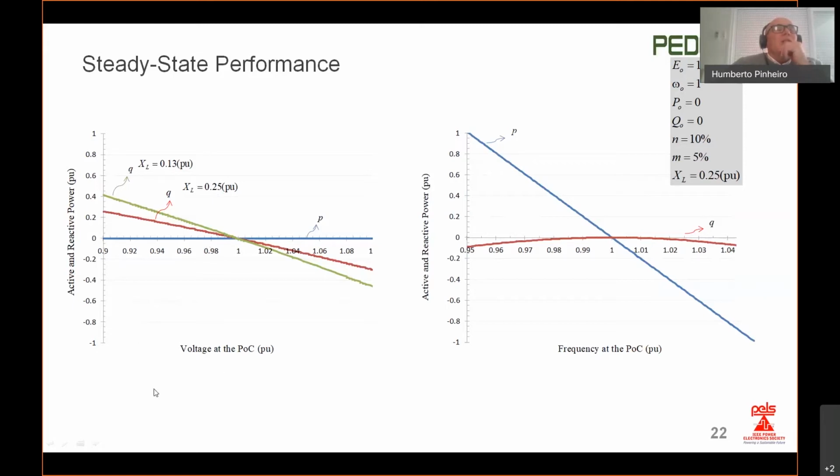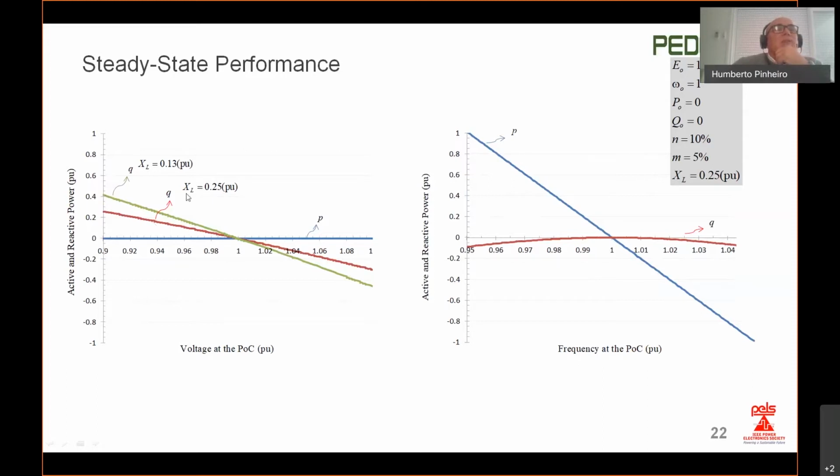We have set it to 10%, so we expected that when the voltage dropped 10%, it would deliver 1 pu of reactive power. However, with XL selected as 0.13 pu, it delivered a little bit more than 40% of the rated capacity of the DR.